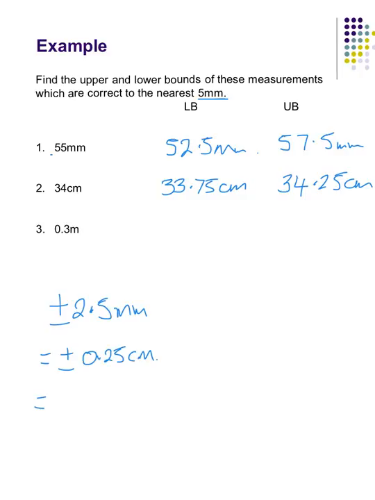And if we're in metres, we're going to be adding or subtracting 0.0025 metres. So 0.3 metres minus 0.0025 metres would give me 0.2975 metres, and 0.3 metres plus 0.0025 metres would give me 0.3025 metres. So you've just got to think really carefully about units and what is going on.